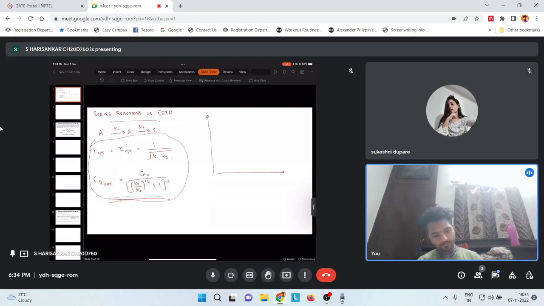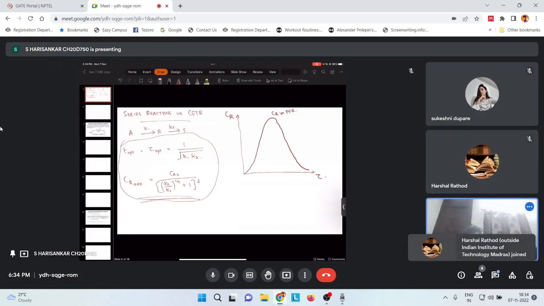So let us say this is CR and this is tau, right? So this will be the concentration profile of CR in PFR. Let us say if you want to do the same for CSTR, it will be like this.